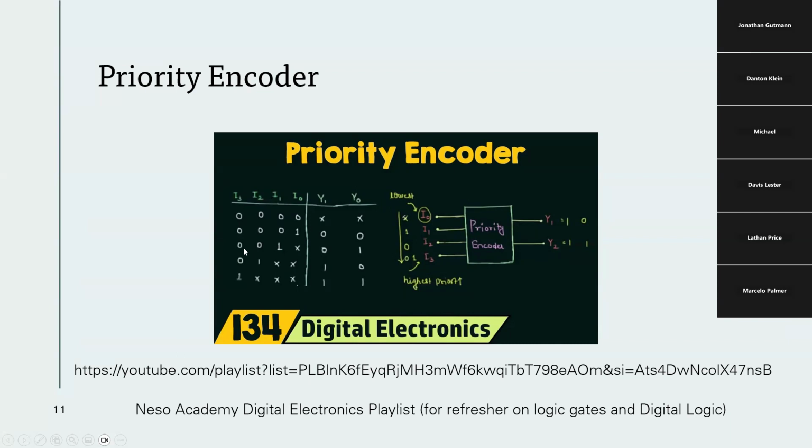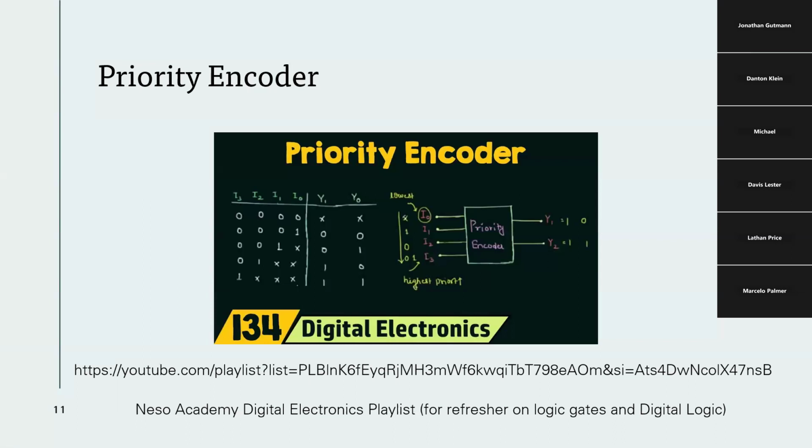Whichever one is asserted, like say 1, the highest one, that will get passed to the output. So if we look at I3, since I3 is asserted, we don't care what the other three are. Y1 and Y0 will pass 3, which is 1, 1 in binary, or I3. And then same thing with I2. If I2 is 1 and I3 is 0, then it'll pass 1, 0, etc.